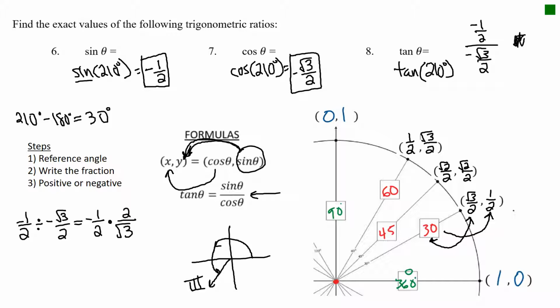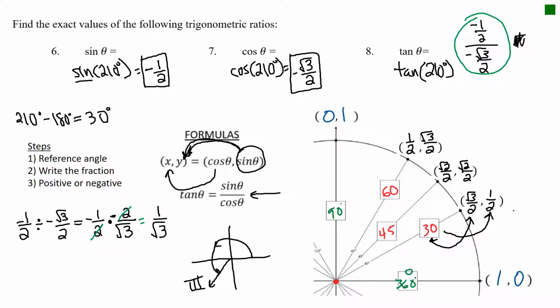This, in my opinion, is a lot easier to reduce than dealing with a fraction written vertically like up here. So 2 over 2 goes away, and then I'm left with a 1 over square root of 3. This was also negative, but technically a negative times a negative cancels out. In a way, it becomes positive right here. So now I'm left with a 1 over square root of 3.